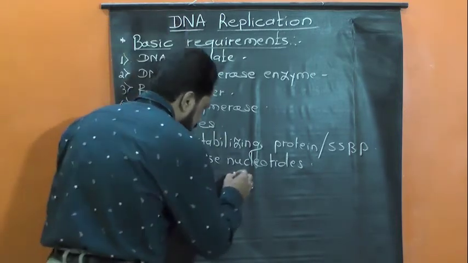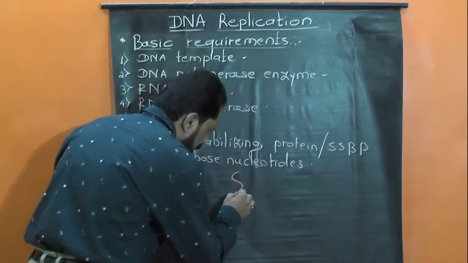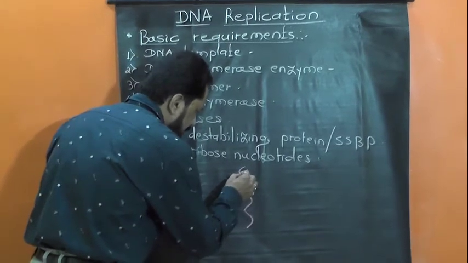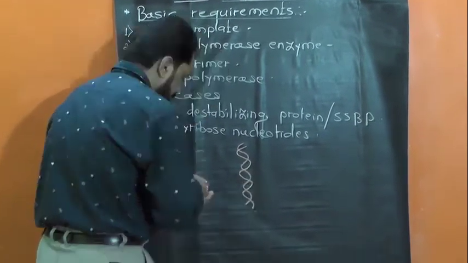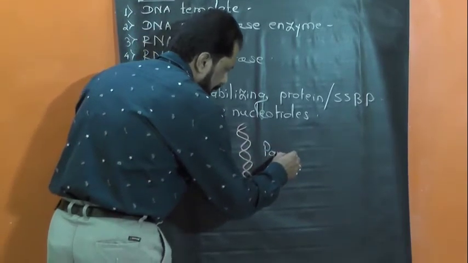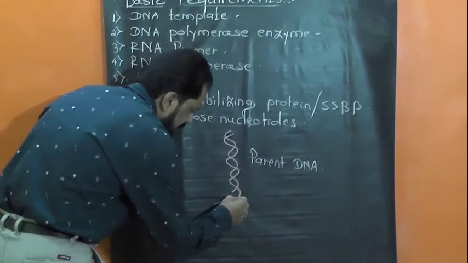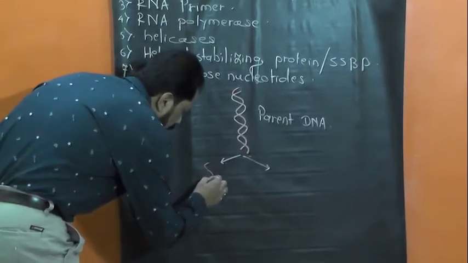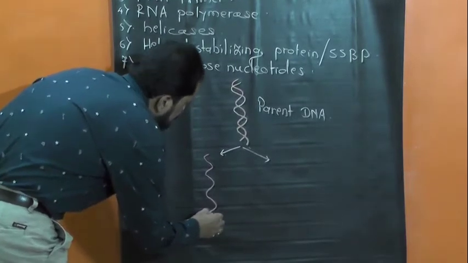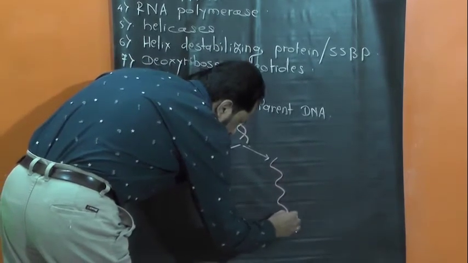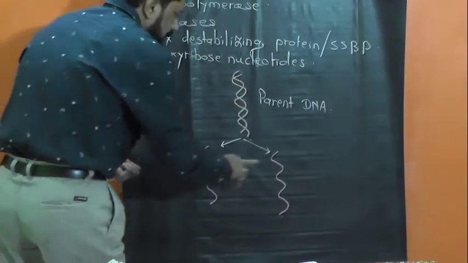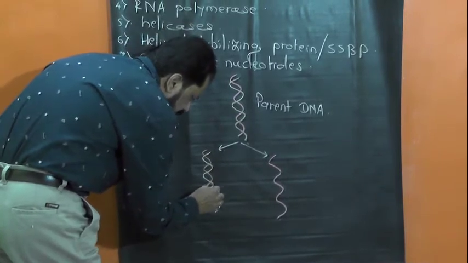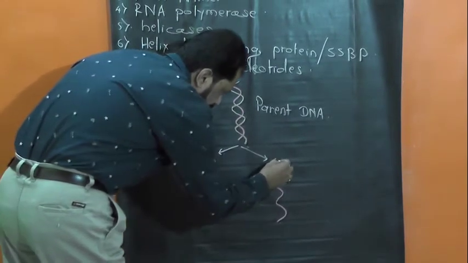Suppose here is parent DNA. Just consider. Here is parent DNA, double-stranded DNA. And as it undergoes replication, it produces two daughter DNA molecules which are exact copies of the parent DNA. Now in these daughter DNA molecules, one strand comes from the parent.